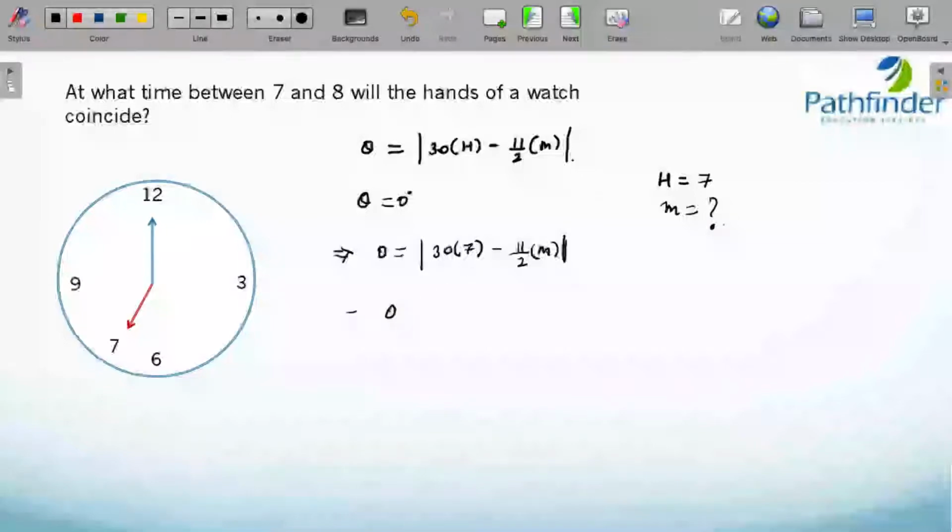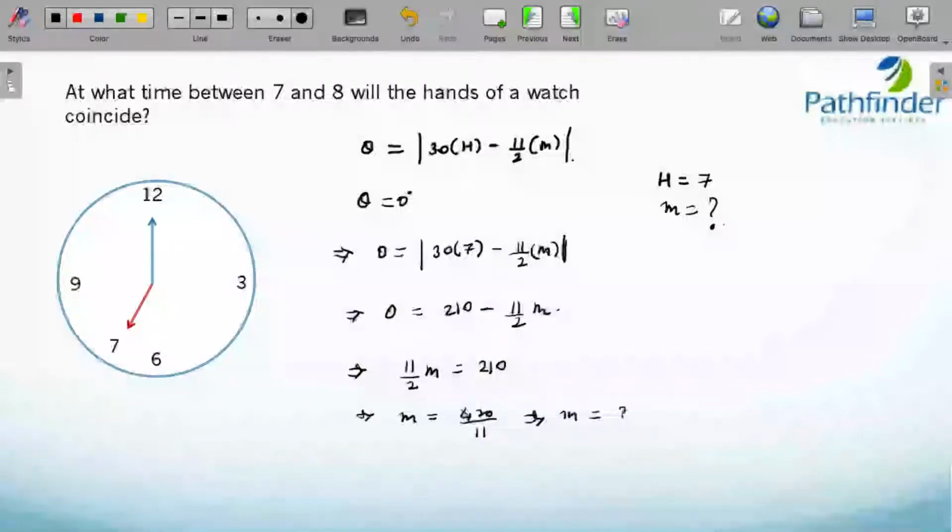So opening the mod, I'll get 0 is equal to 210 minus 11 by 2 m, which implies that 11 by 2 times m must be equal to 210, implying the value of m must be 420 divided by 11, which means m must be 38 2 by 11 minutes past 7. That's your answer.